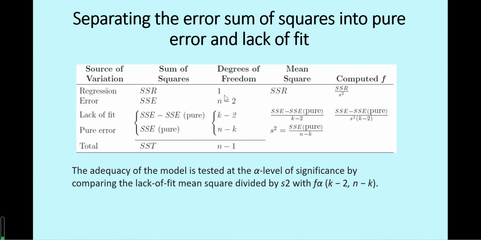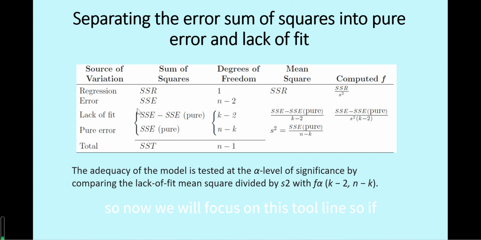This term has 1 degree of freedom. Another is SSE. SSE, we have said, is the difference between the observations and the fitted value. So SSE and SSR combined is SST. Now we will focus on these two lines.